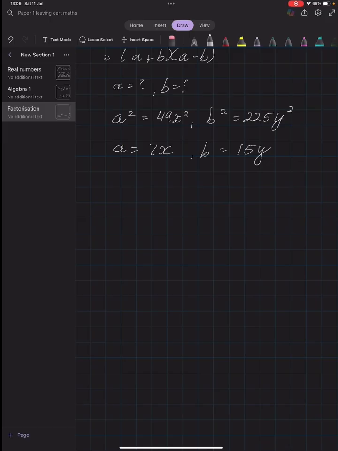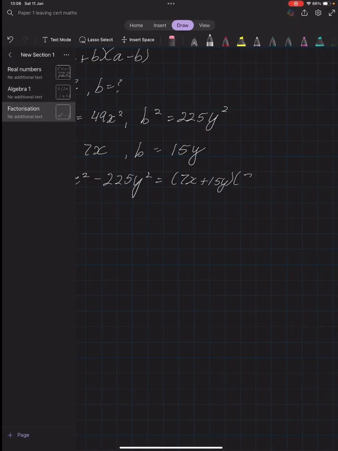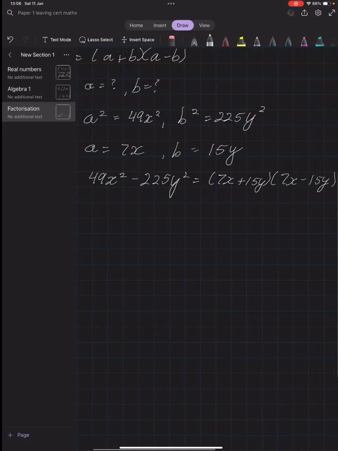So 49x squared minus 225y squared is equal to 7x plus 15y multiplied by 7x minus 15y. So that is that factorized.